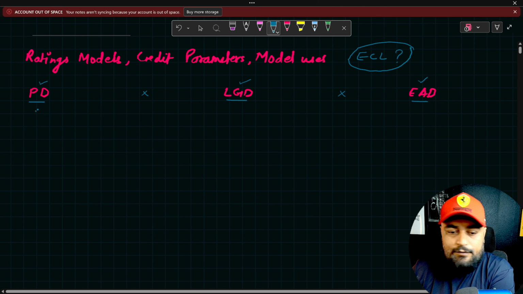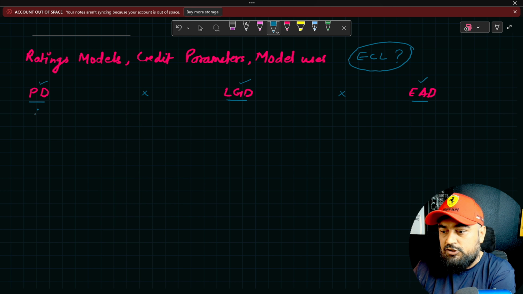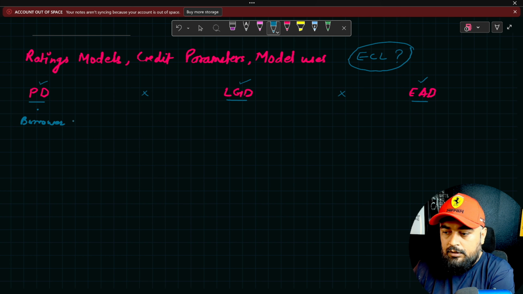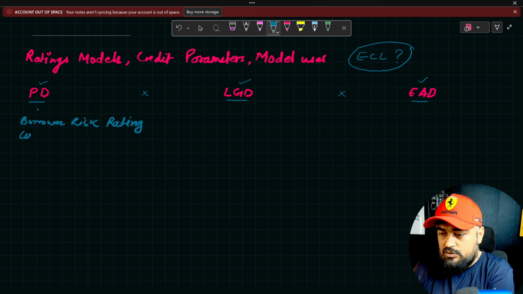When we talk about PD, there is a very well-known term which is used in the banks, that is known as borrower risk ratings, or we can call them customer risk ratings.